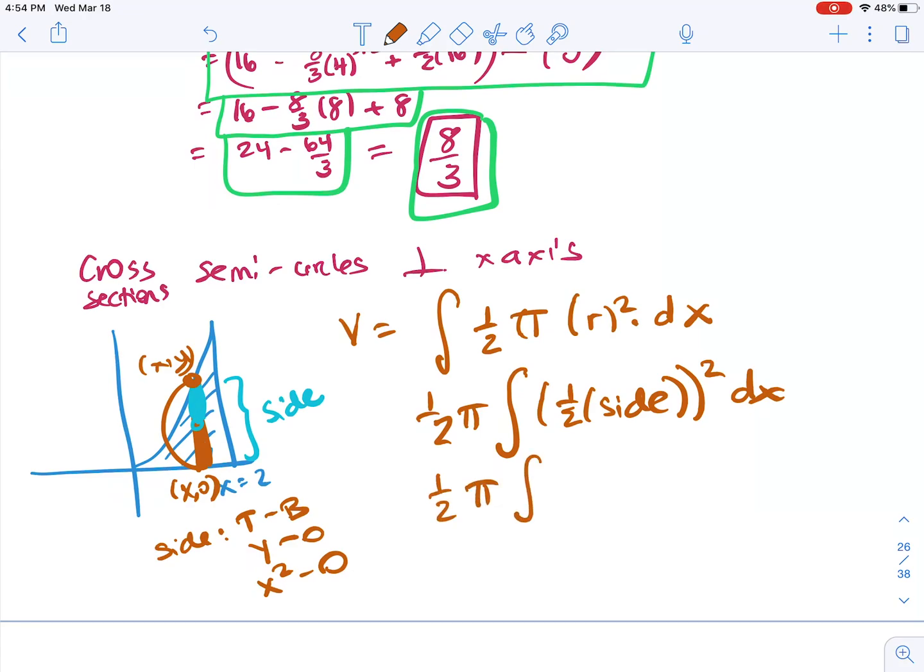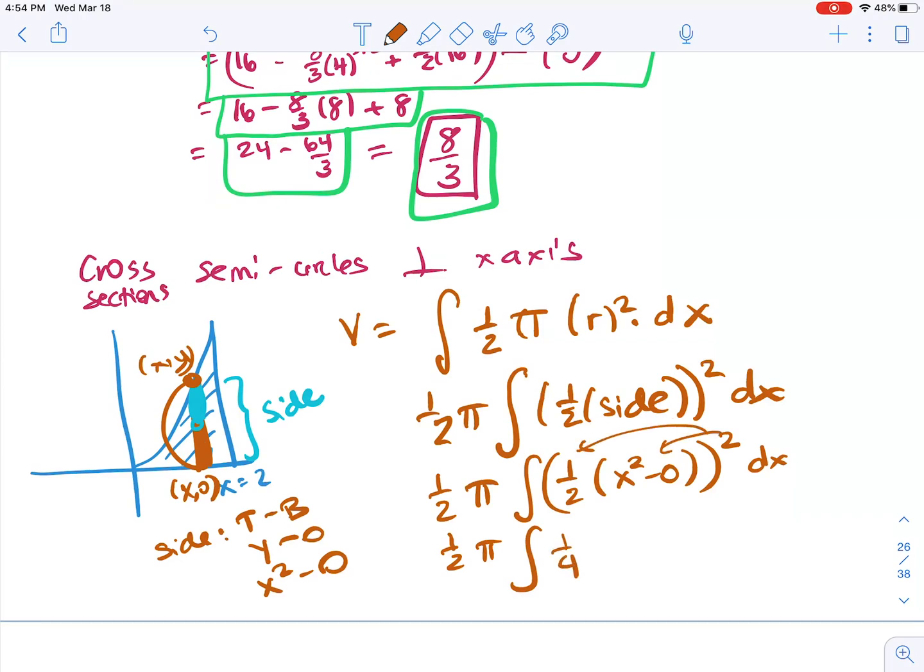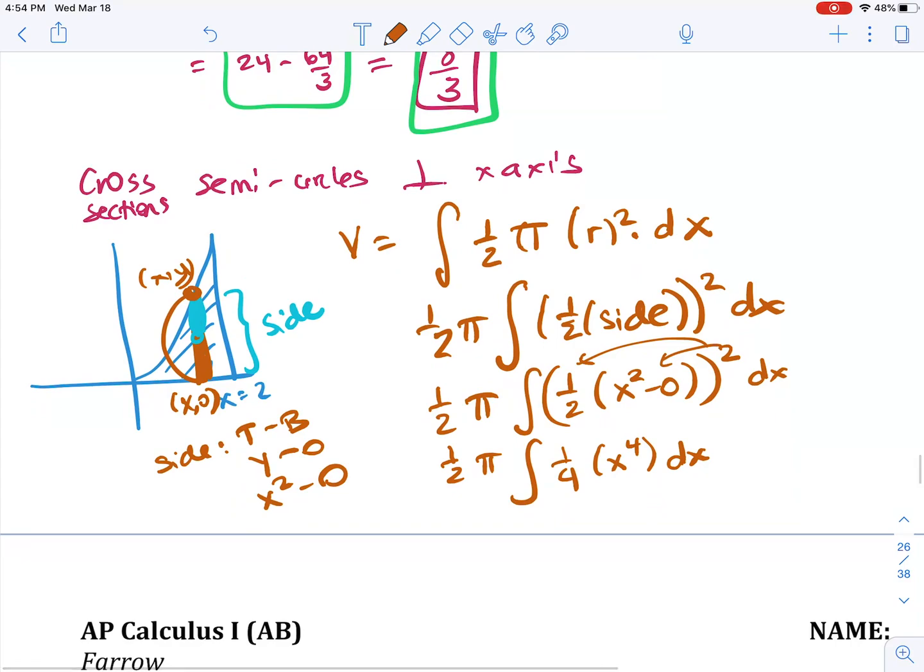So my volume formula in here has a pi because it's a semicircle as my cross section. Now I have 1/2 times x squared minus 0, and I'm squaring the whole quantity in here. So I want to make sure that you have this. You are squaring the fraction of 1/2, and you're squaring the x squared.